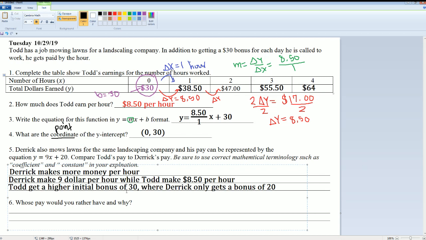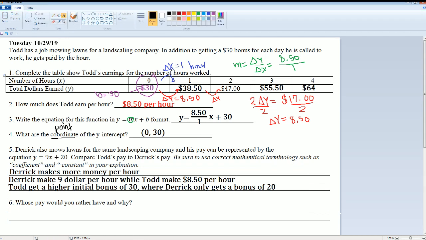Who would you rather have and why? There are multiple ways of explaining this one, but the best way is to just graph it. Let me pull up Desmos for you.